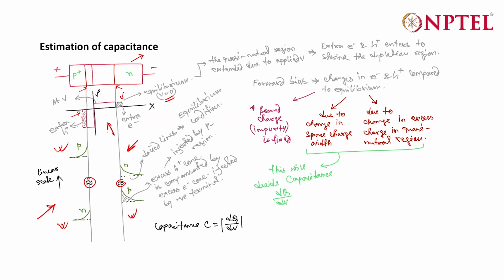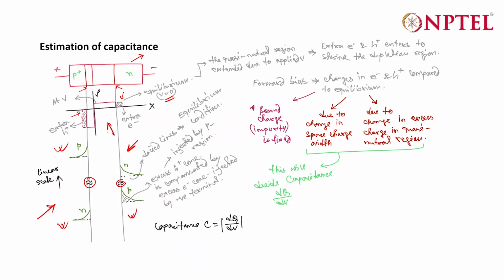And these extra charges, for example, in the P side will be extra holes, in the N side there will be extra electrons. Although there will be extra electrons in the P side as well, they will be very few because they are minority carriers. That's why we are not considering those. We are only considering the majority carriers in this case. So you can consider that most of the charges coming into the quasi-neutral region are extra holes.